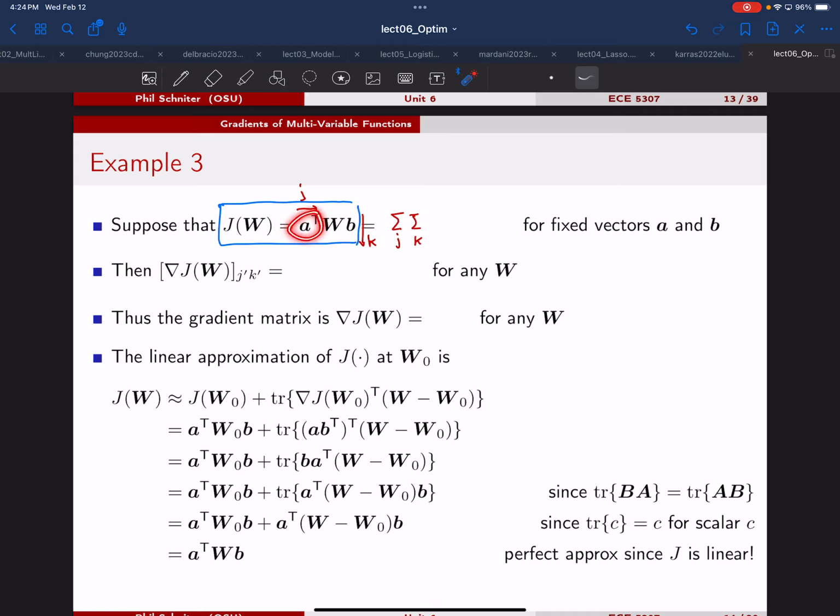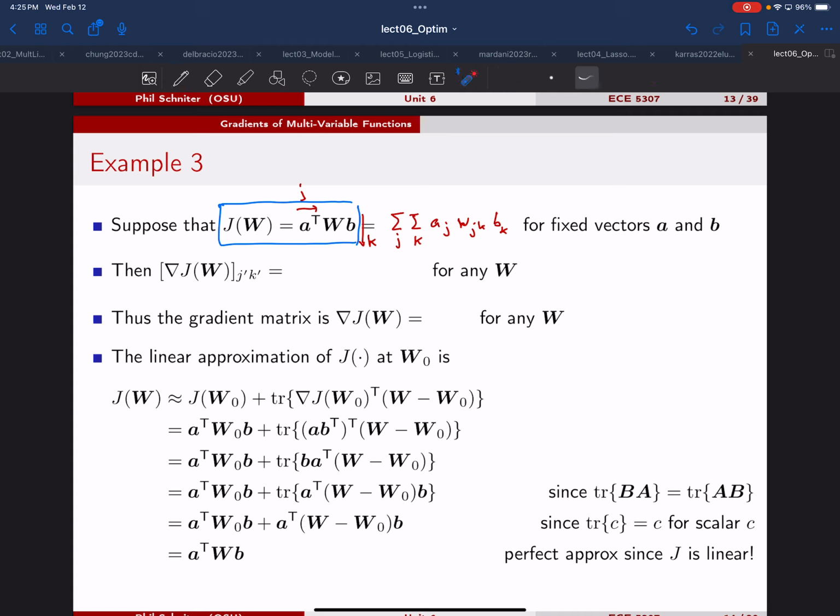So it's going to involve AJ and BK. You see how to do that? Okay. And what's in the middle? WJK. Exactly. So this is how we can write it.